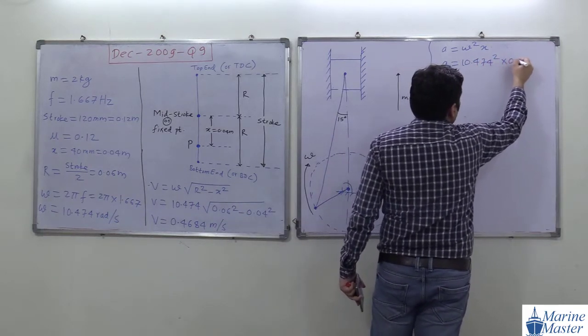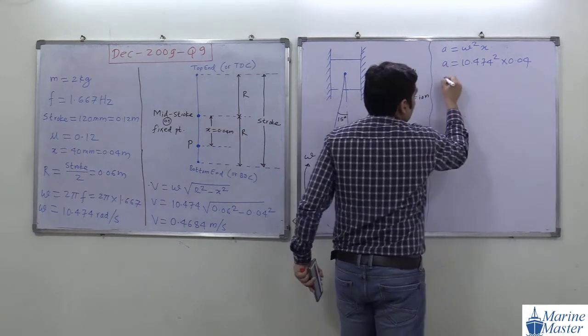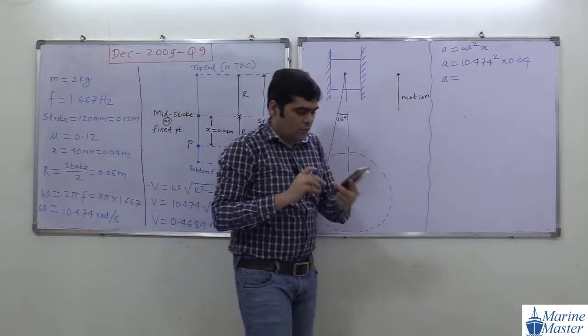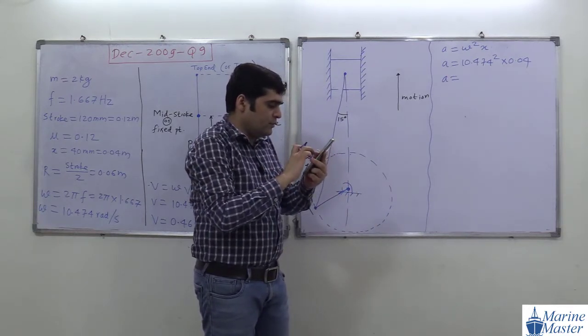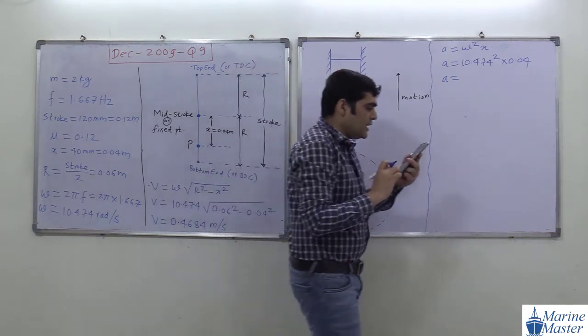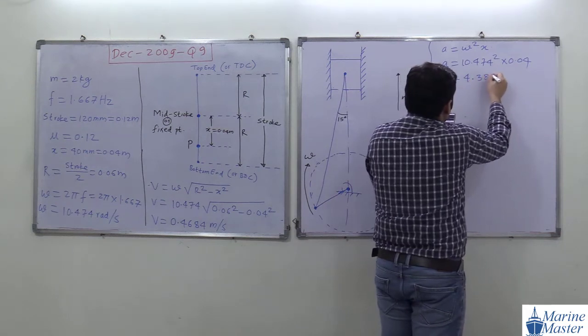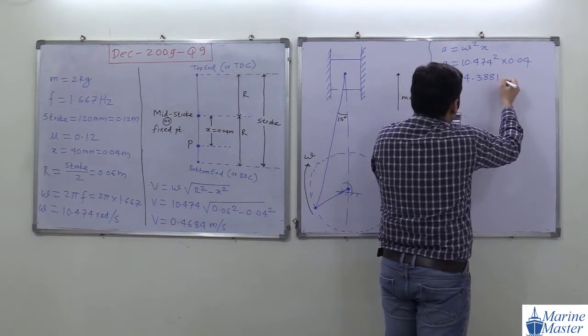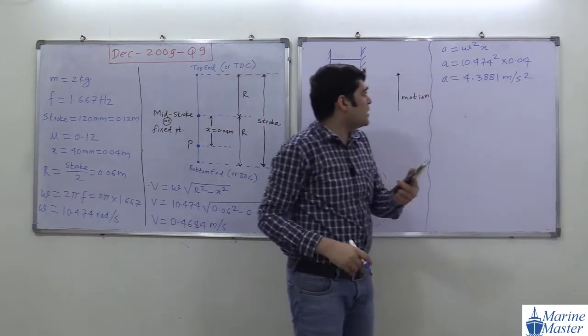X is 0.04. So what will be the acceleration? 10.474 square into 0.04. How much value are we getting? 4.3881 meter per second square. So in this way we got the acceleration.